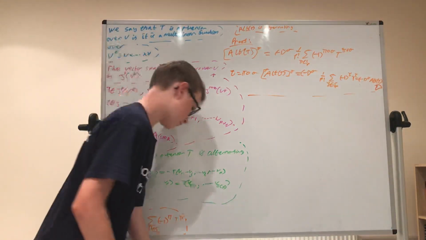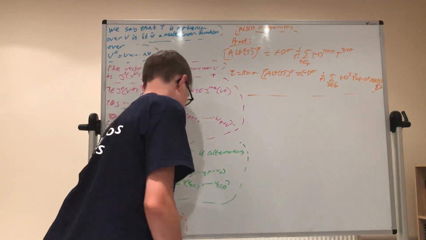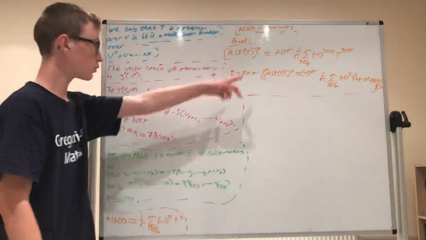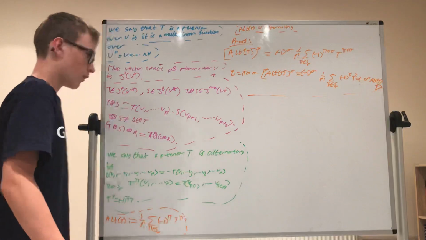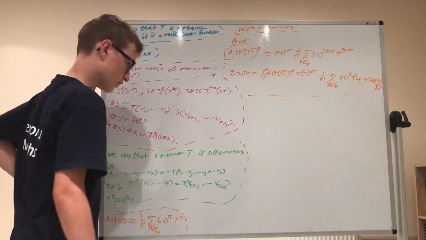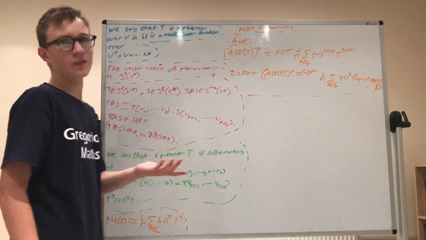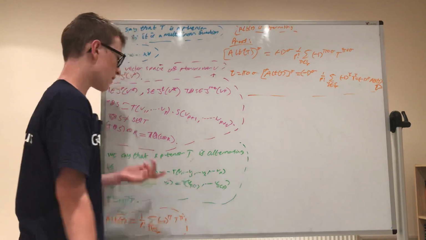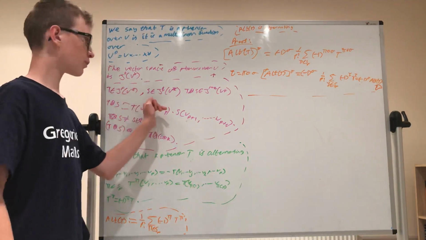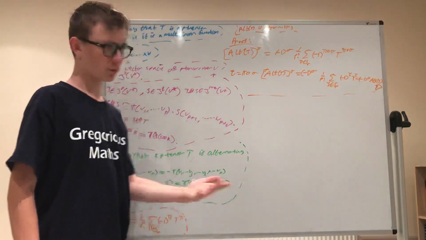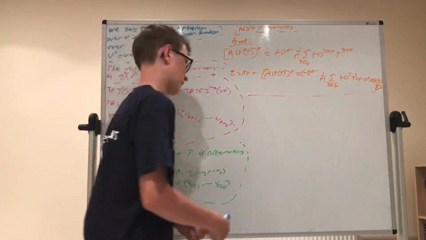And, well, now that we're equipped with a decent understanding of this alt here, we have another natural question. Given two alternating tensors, can we make another alternating tensor, just like with the tensor product, except with alternating tensors? In fact, we can.